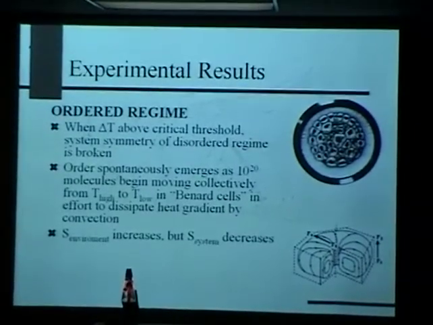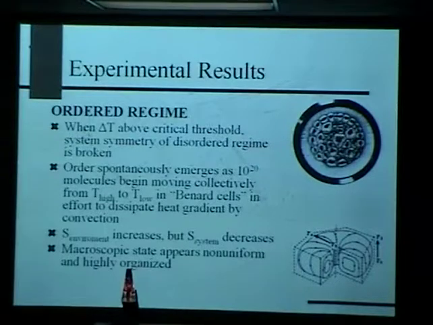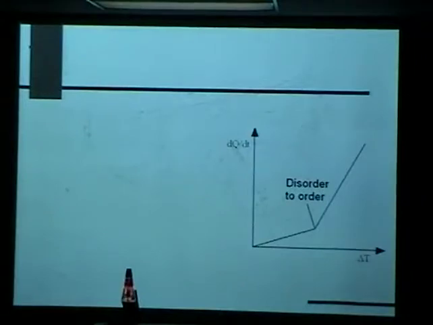In this case, the entropy of the environment may increase, but the entropy of the system goes down as these very organized cells form. You can see the picture up at the top, which looks very different from the macroscopic state we looked at when the temperature gradient is small. And there's a schematic of what one of these convection cells looks like. In this case, the macroscopic state appears very non-uniform and highly organized.